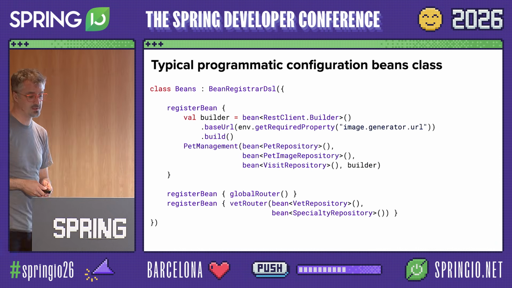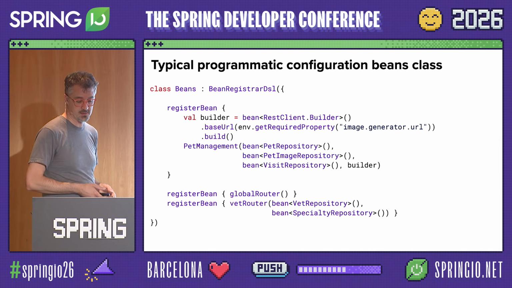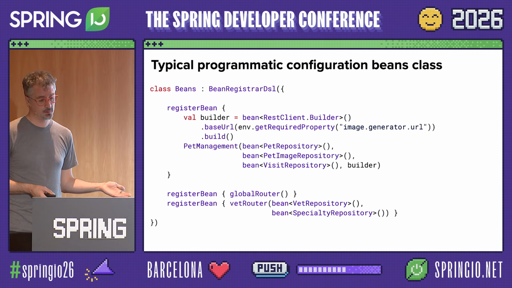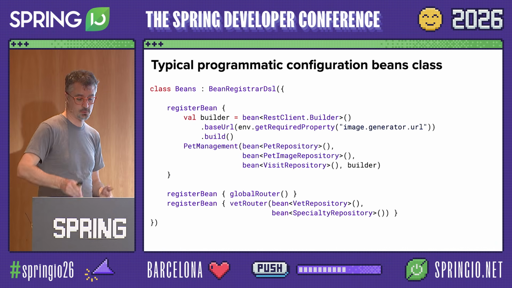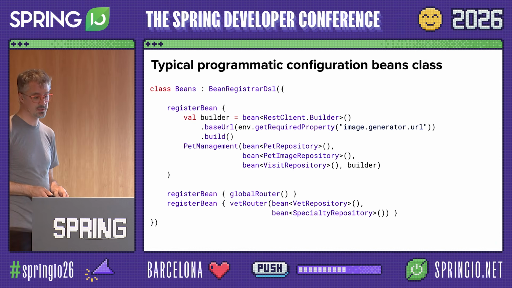The syntax is pretty similar, and here you are going to register various beans using a Kotlin DSL, and that's it. So here, for example, I'm creating a pet management bean with custom injection using a custom builder, and I am registering the various routers that my application is defining.